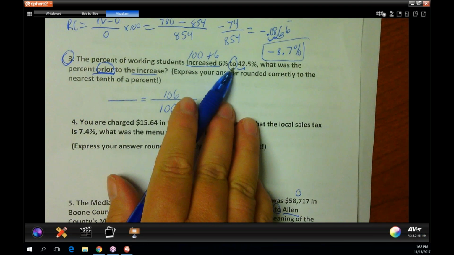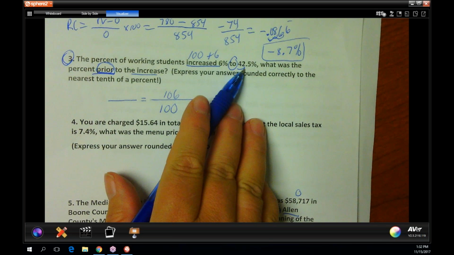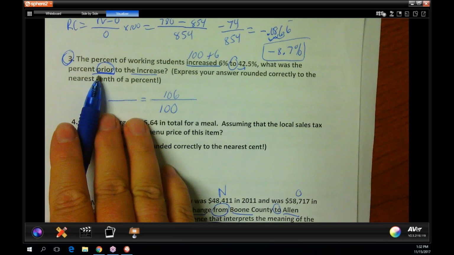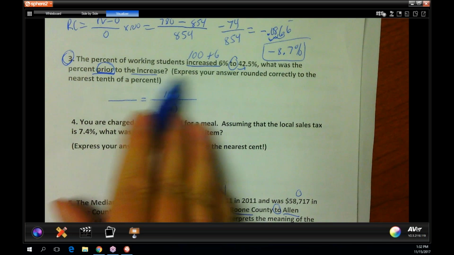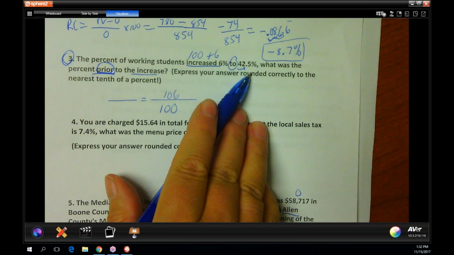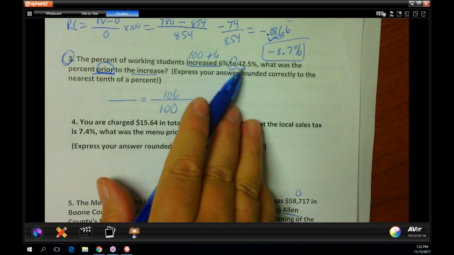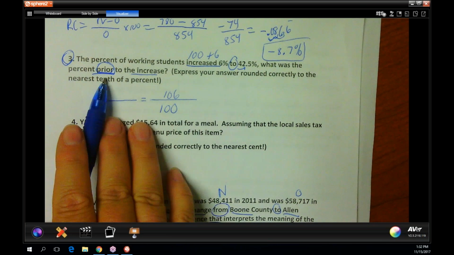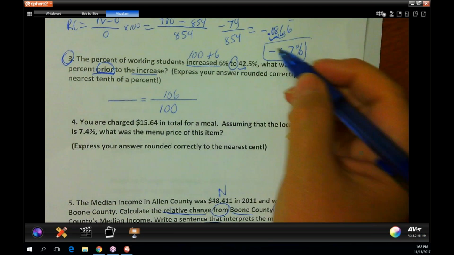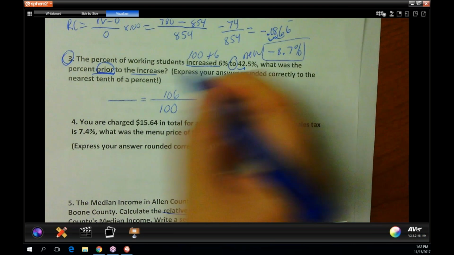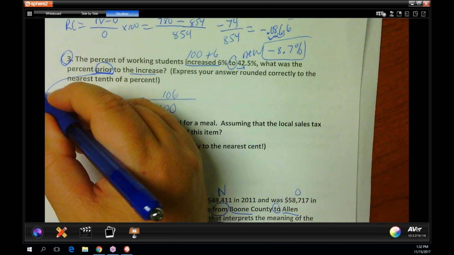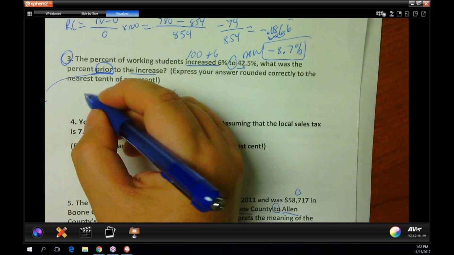And this is saying 242.5%. What was the percent prior? So is this the new amount or the old amount? If it increased to this amount and they're asking you what was it prior, this is our new. We're looking for the old.